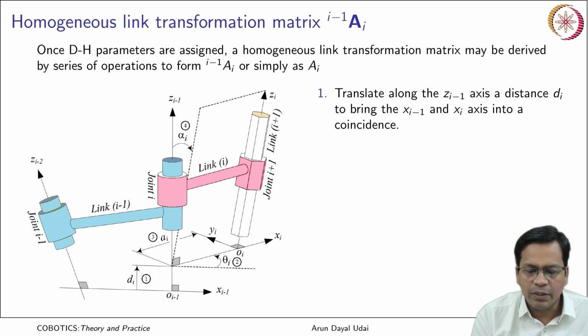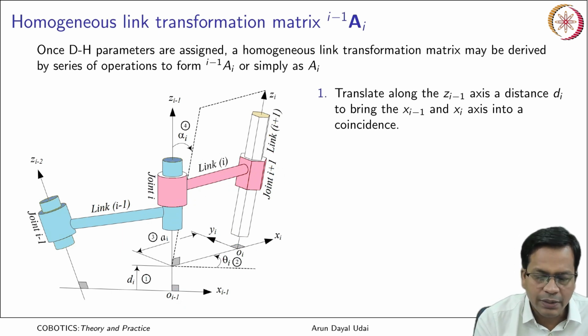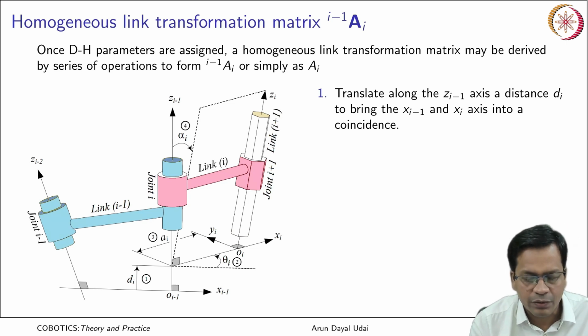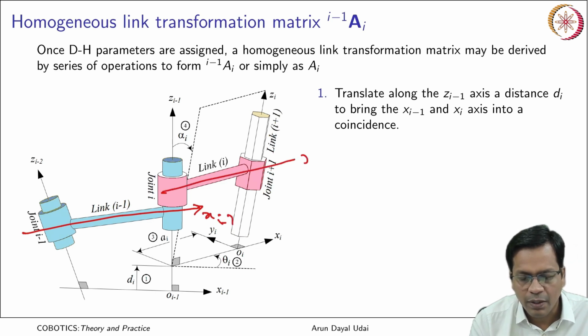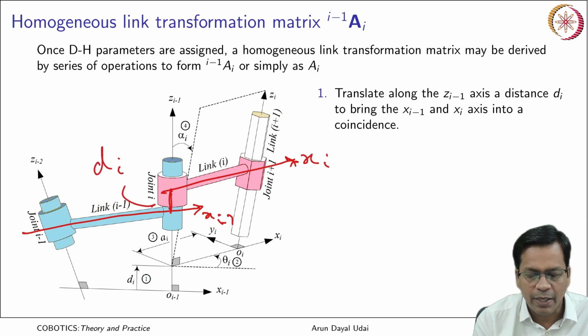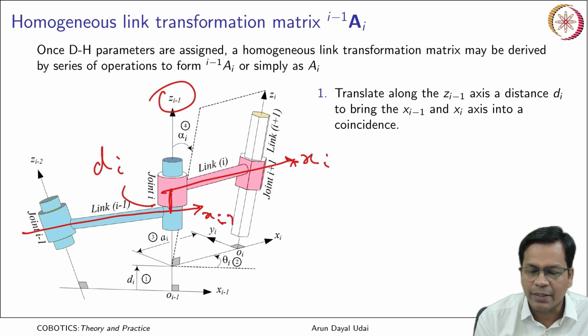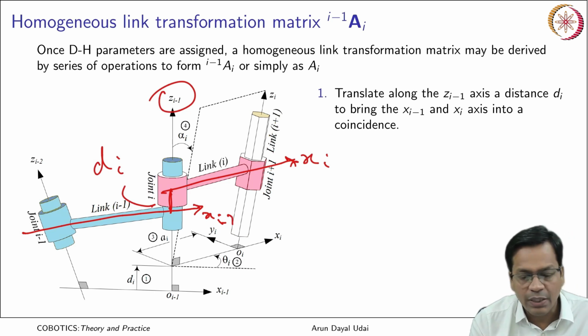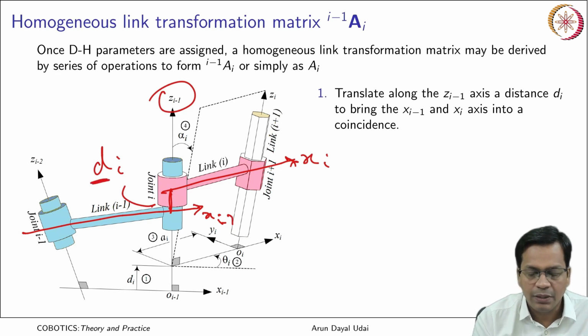The first one we will do is translation along the zi minus 1 axis. Let me draw it here. If this is your xi minus 1, this is your xi. This is the distance, this is your di. So, it is translation along zi minus 1 that takes you from xi minus 1 to xi, a displacement by a distance di.